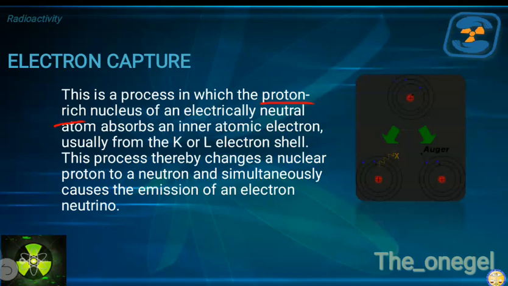So, in this process again, a proton is converted into a neutron. But, kailangan niya munang kumuha ng electron. Para maging neutral siya, proton kasi positive, kukuha muna siya ng negative. Magiging neutron siya. However, there is an emission of electron neutrino type of particle.